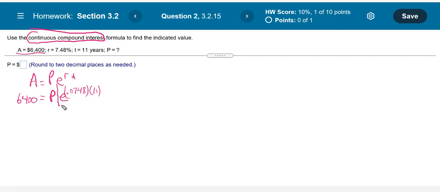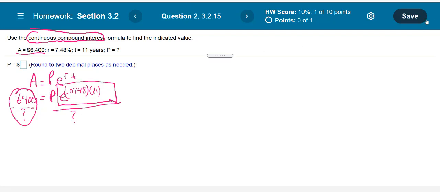You can do the calculation beside the P and get the number. Then we will be dividing both sides by that number, whatever we get. So our answer is going to come out 6,400 divided by that number.